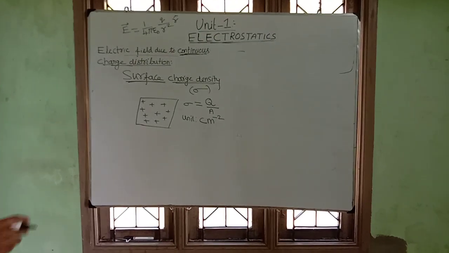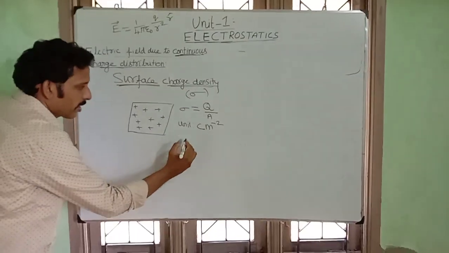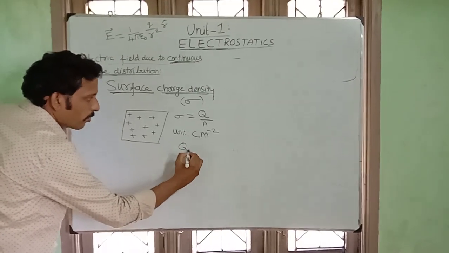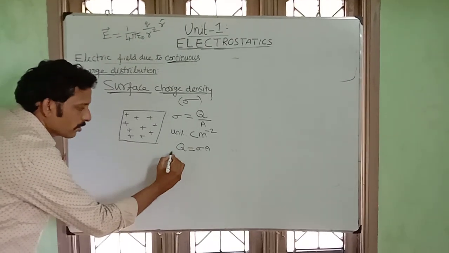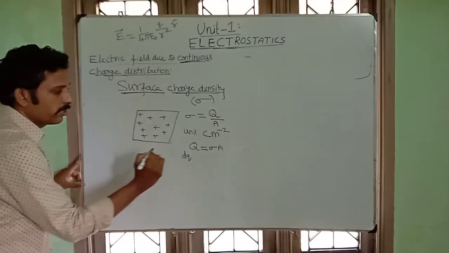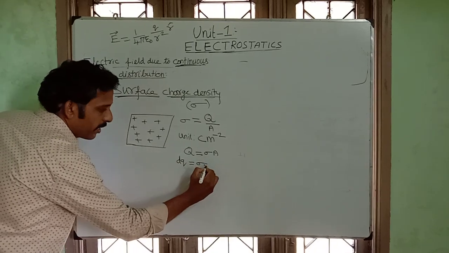It's called surface charge density. Now we have to find the electric field. Q is equal to sigma times area. Go for the infinitesimal charge, dq. dq is equal to sigma times the infinitesimal area, sigma dA.